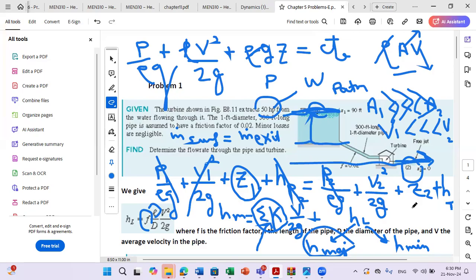So for example, here I considered the level at exit of turbine to be the reference. That's why Z2 will be 0. And Z1 will represent the difference in height between the free surface and the level of exit of water from the turbine.